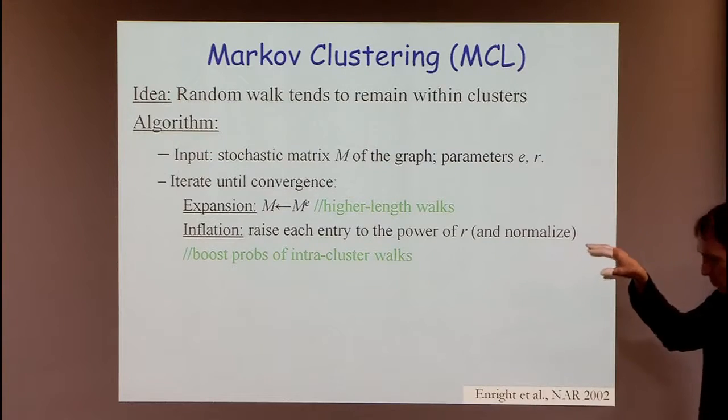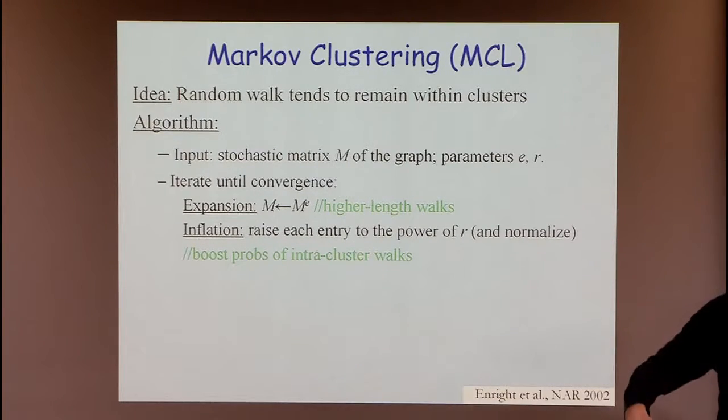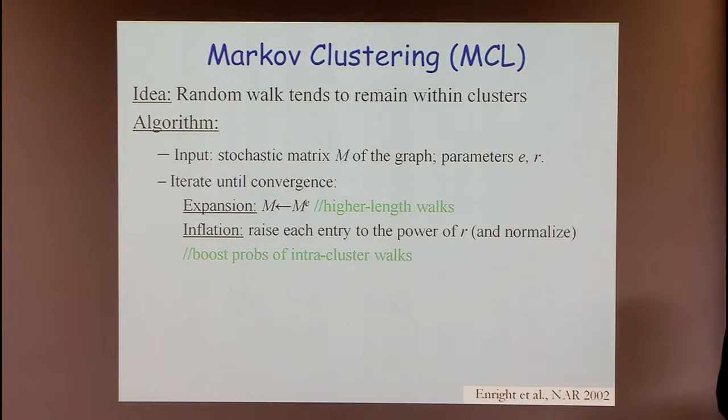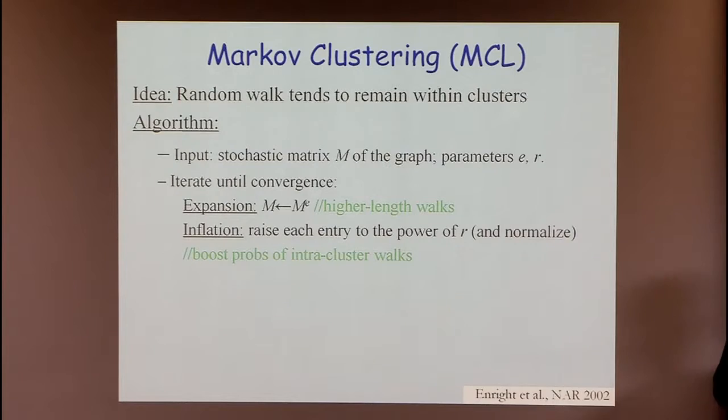The other step is inflation. It is meant to boost the probabilities that are very high and to downgrade or decrease the probabilities that are very low. So what you do here is look at the matrix entry-wise, and you raise each entry to the power of r. Again, you can think about this r as the number 2. If you start with a high probability, it will remain relatively high.